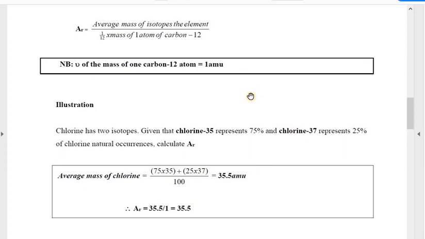And you add it to the percentage abundance of the other isotope, which is 25%, multiplied by 37. And then you divide by 100. Then you get this one. Let me just bring in the video and see if it's not better explained there.